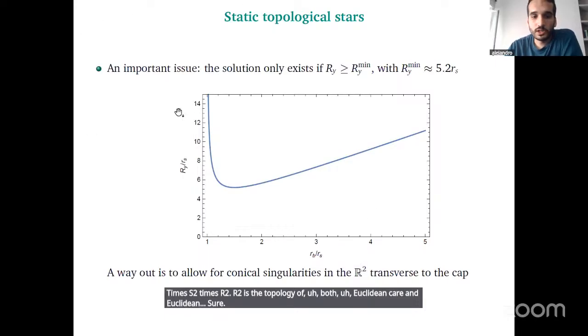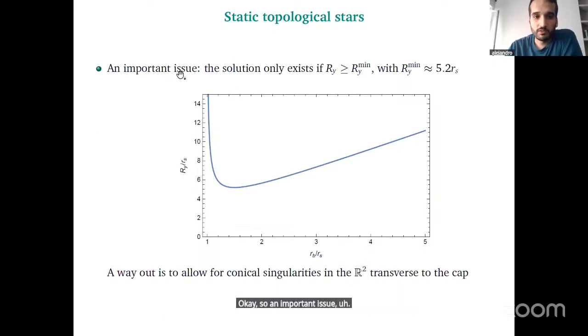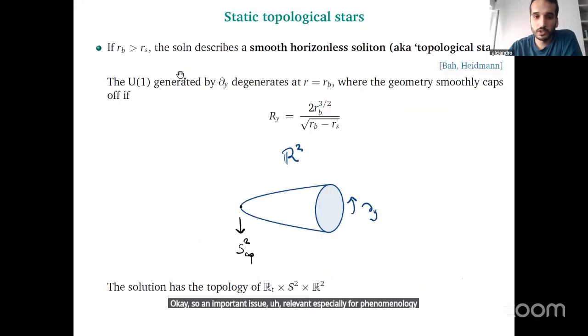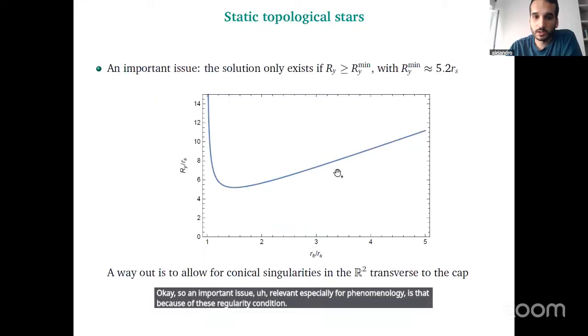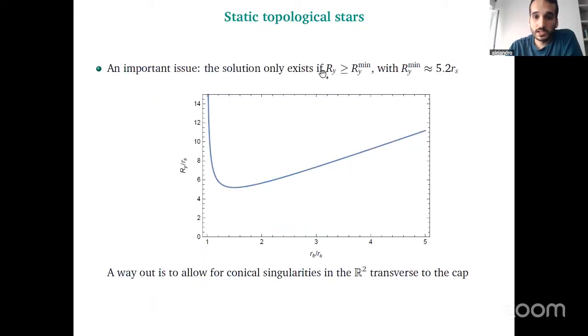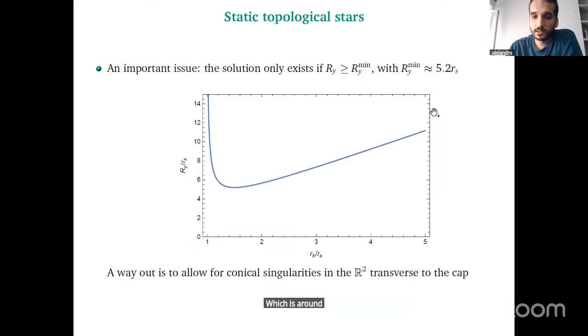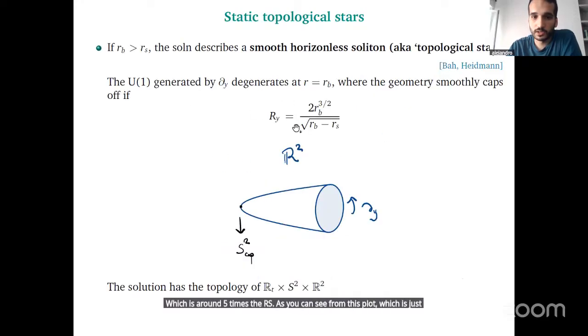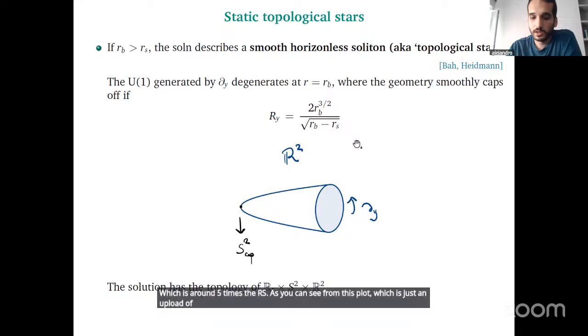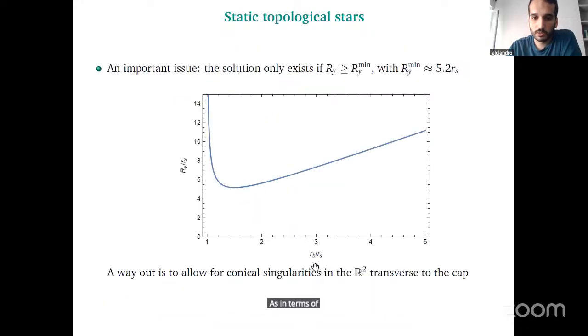Okay, so an important issue, relevant especially for phenomenology, is that because of this regularity condition, the solution only exists if this modulus is bigger than or equal to a certain minimum value, which is around 5 times Rs, as you can see from this plot, which is just a plot of this function in terms of the quotient Rb divided by Rs.